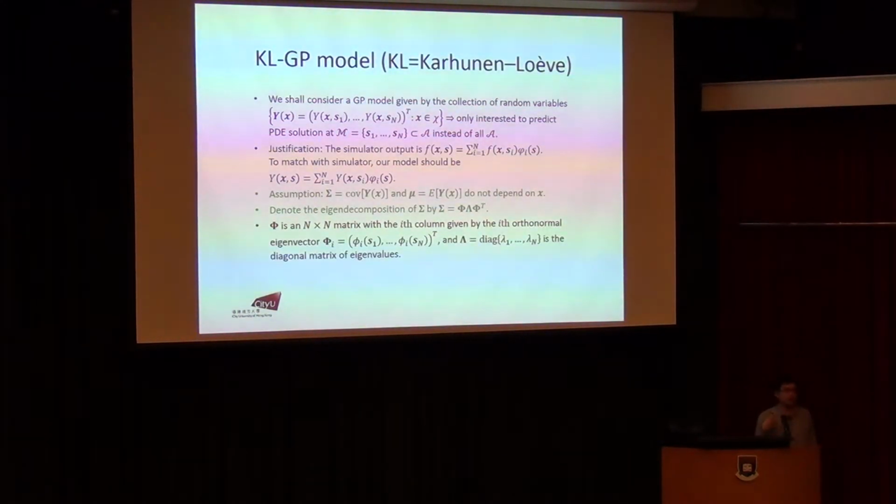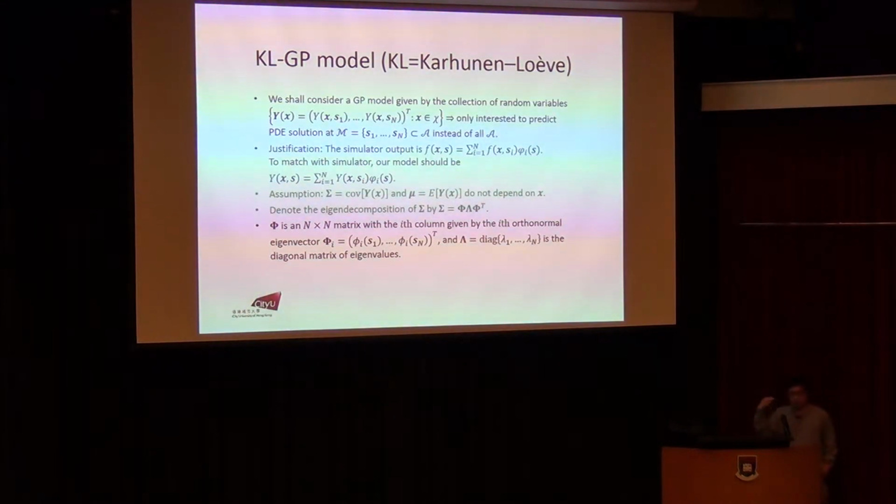A more computationally efficient alternative is what I call the KR GP model. This GP model only predicts the PDE solution at the spatial nodes s1 to sN. It consists of a collection of vectors y(x) with components y(x, s1) to y(x, sN).